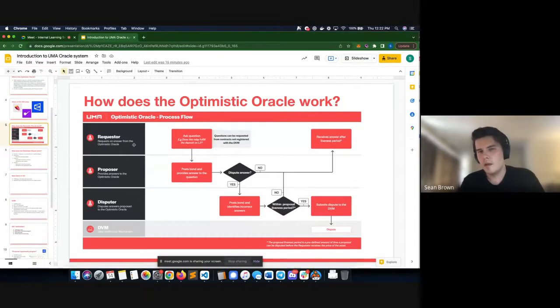So this disputer, we're here now. Basically, if it's not disputed during that liveness time, then the optimistic oracle accepts that this answer is true and allows people to use that answer now.